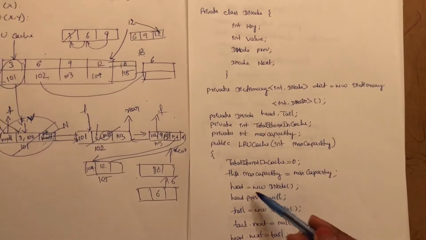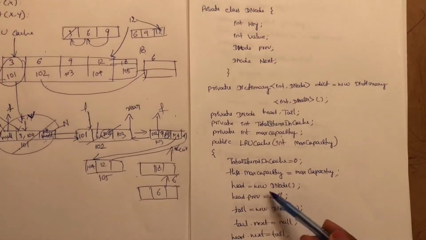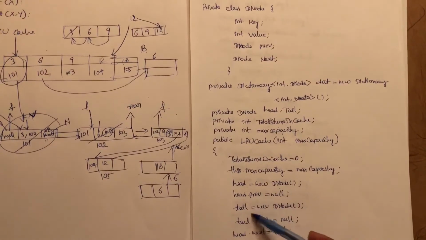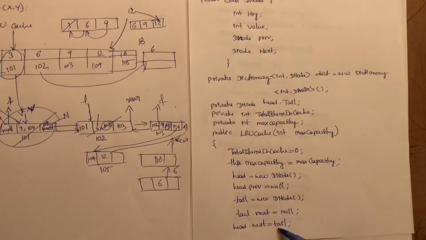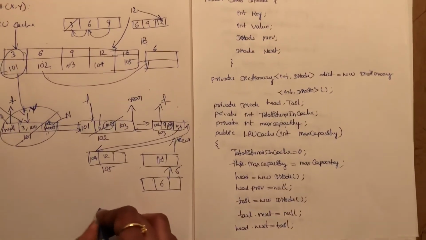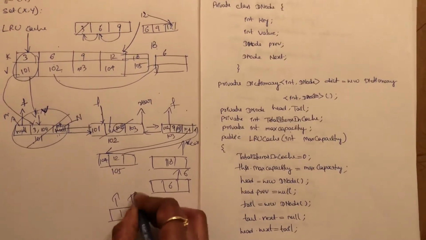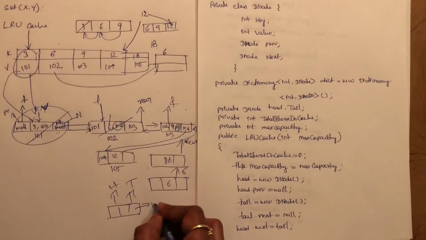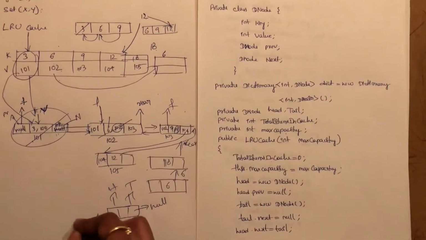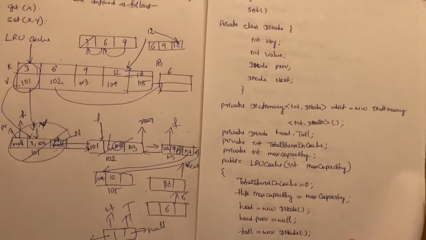So here, initially head is equal to a new node, and tail is equal to a new node, and head.previous must be null, and tail.previous as well. Initially the first node always becomes both the head and the tail. So by default the first node's next and previous are null. So this is how we write the code for this.